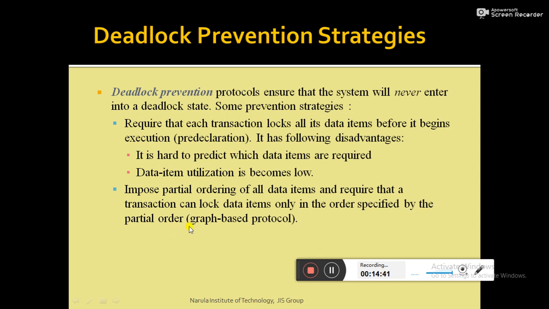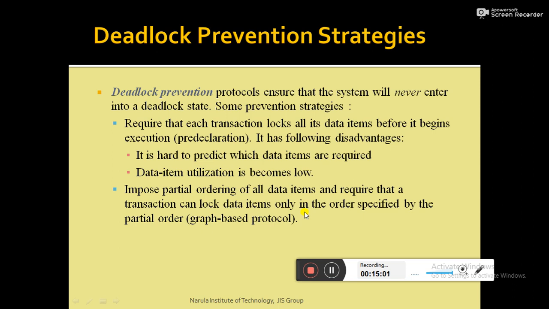The next prevention technique is that we can impose a total ordering or partial ordering on all the data items that a transaction is going to access, and require that each transaction lock the data items only in the specified order.